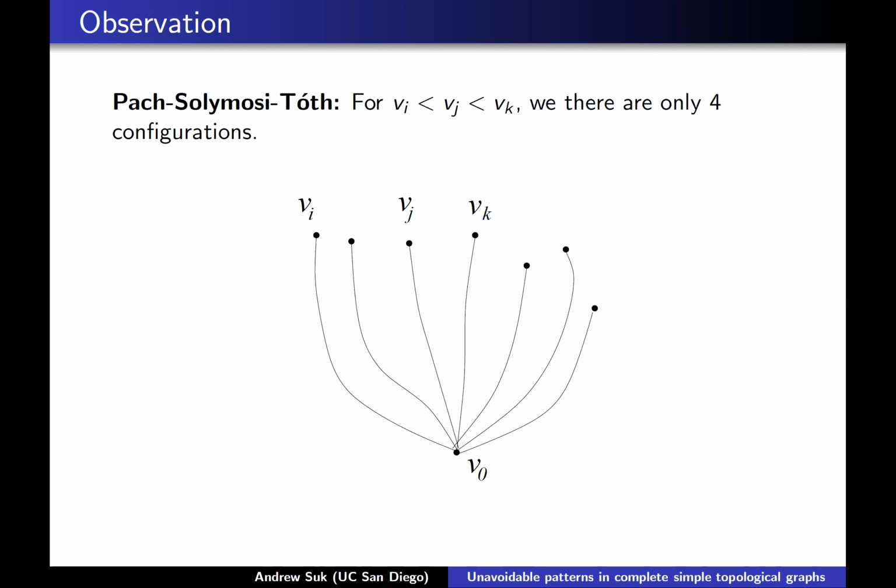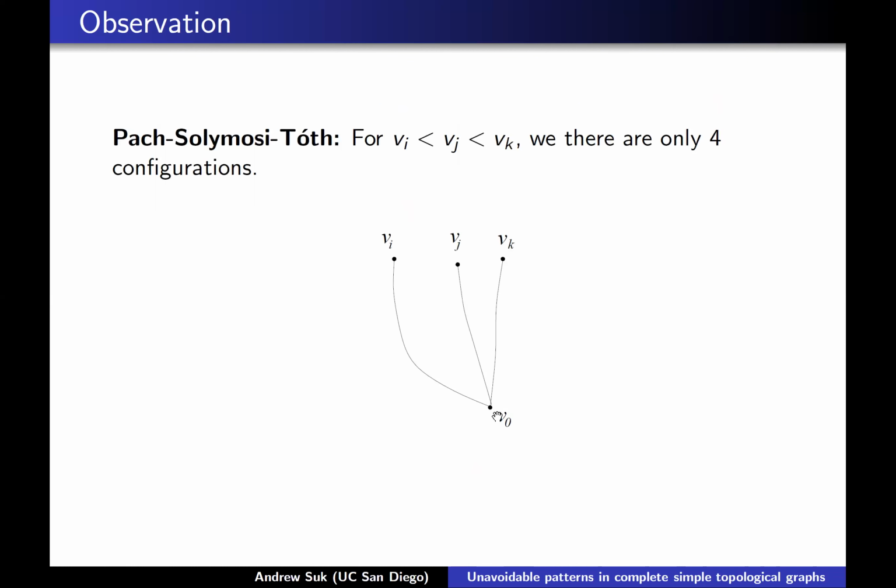And so we follow the arguments of Pach, Solymosi, and Tóth, where they look at these vertices up here and they look at triples, Vi, Vj, and Vk. And anytime you pick a triple, Vi, Vj, Vk, together with V0, you're going to draw K4.